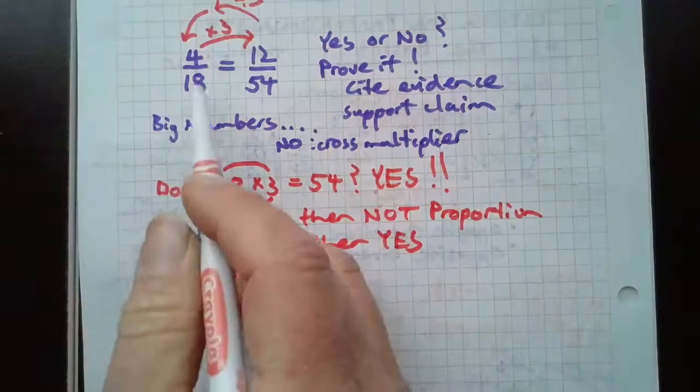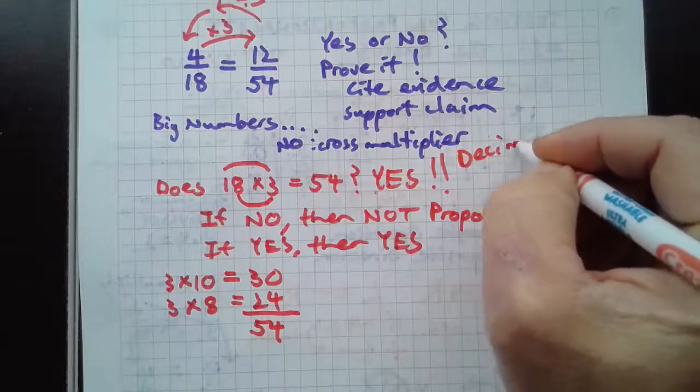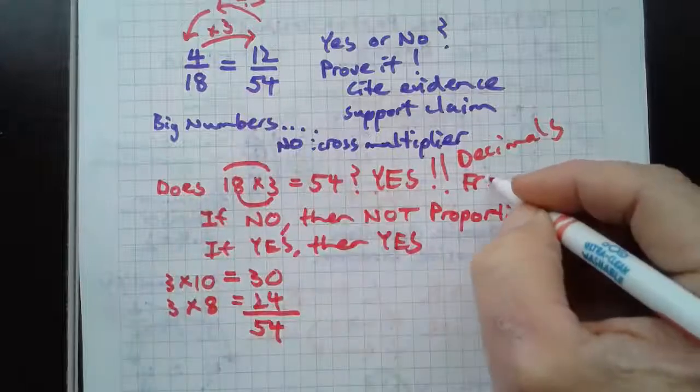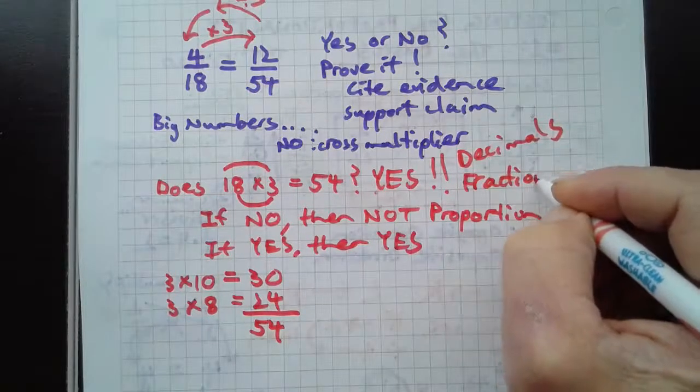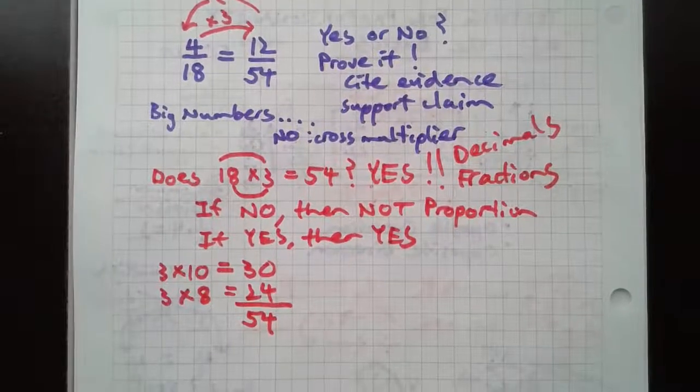Even though these are still whole numbers, this works if you have decimals or fractions. And when you first look at it, you might not know if it's proportional or not, but you want to go fast, right? You don't want to spend all day like this video. And you want to have proof so you know if you're right.